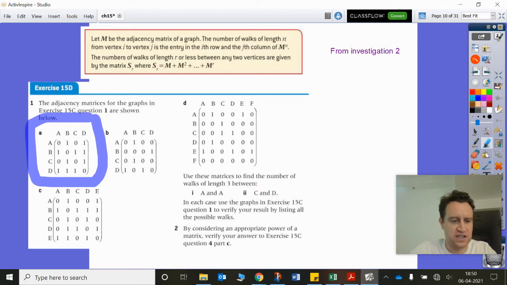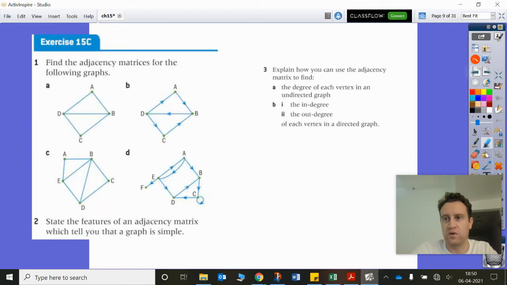Okay, and from C to D, we can see in the matrix to the power of 3, we would be looking at this position here. And for me, that's now saying 5. There are 5 walks of length 3. So let's have a look at this.